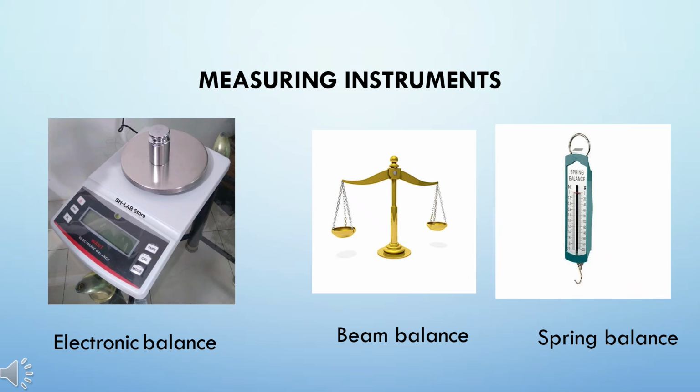The object is hung on the small curved pin or metal here, and it measures the weight of the object. Let's take a closer look at the three instruments: the electronic balance, the beam balance, and the spring balance.